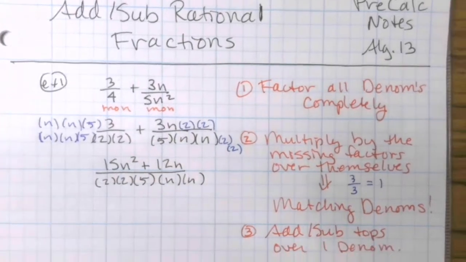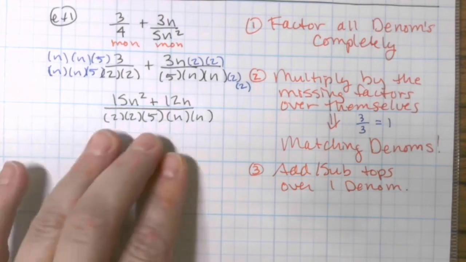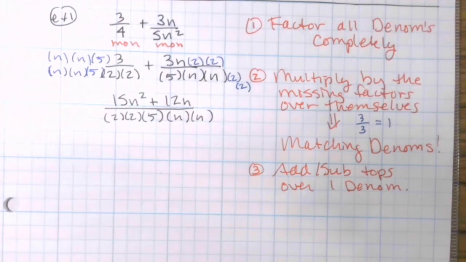Now, I don't multiply the bottom together because we might get something new out of the top that needs to be canceled. It's much easier if you leave it factored, and that way later on you can divide out anything that is possible.